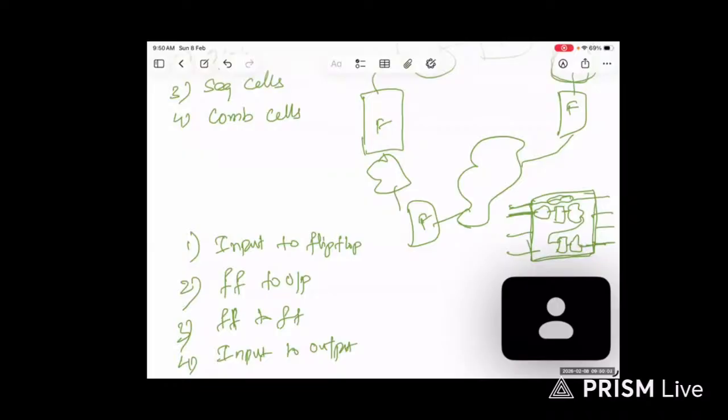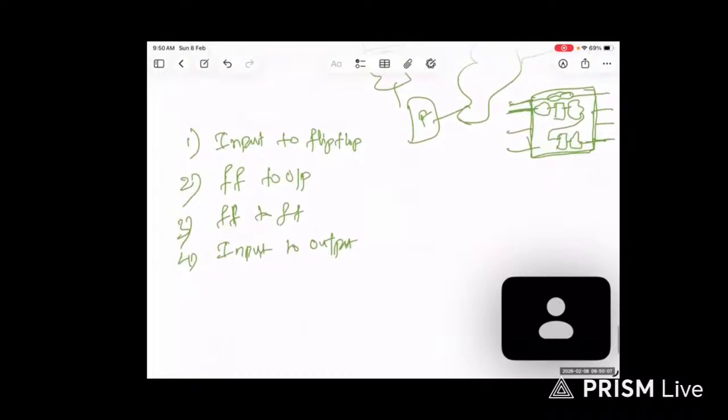Good. Now let's have the timing aspects seen. Now we have grouped the path. Excuse me, sir. Sorry to disturb you. Yeah, tell me. Sir, I know it's a silly doubt, but why is there a direct input to output pin?